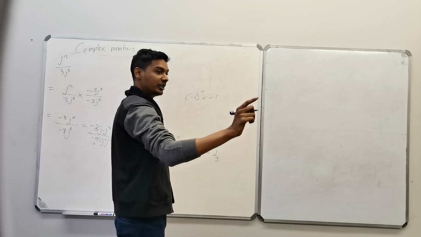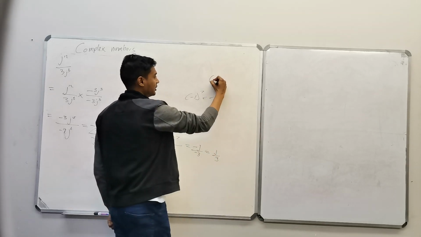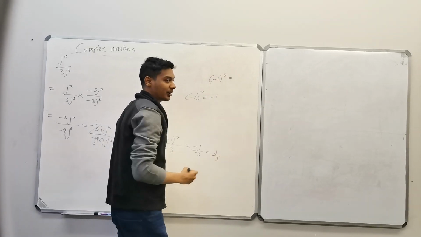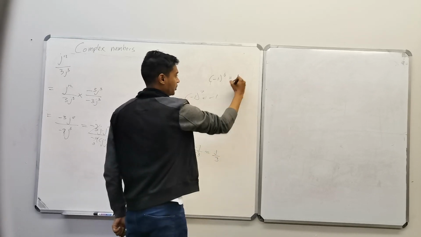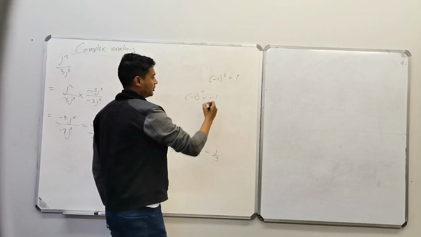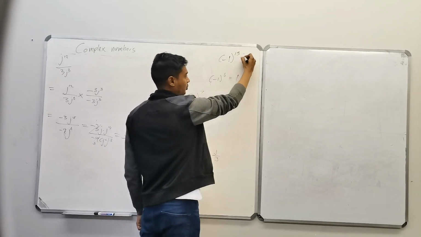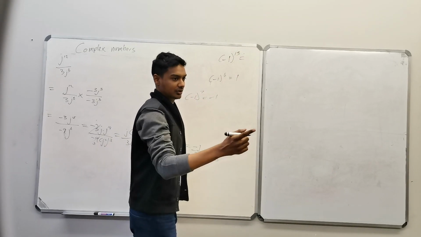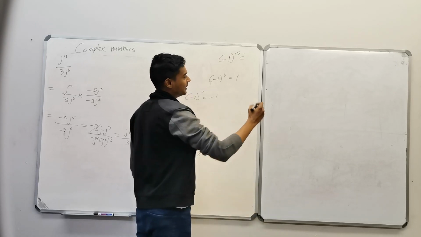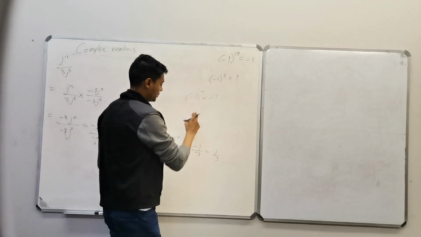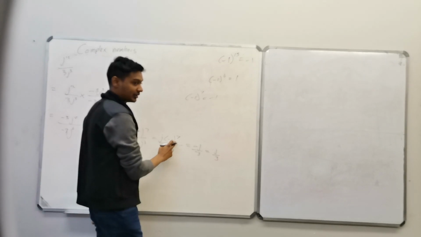Even if you put it in the calculator, it will give you negative 1. If it's to the power of an even number, we get positive 1. So even if it was to the power of 13, what would it be? It will be minus 1, yes.